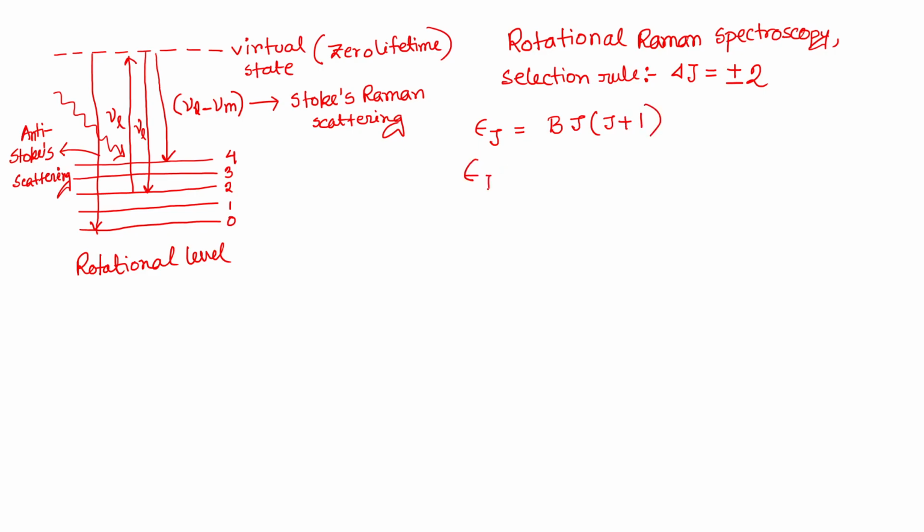What about J plus 2? B into J plus 2 into J plus 3. So what is the energy difference? That is E_J+2 minus E_J. B is common, obviously.